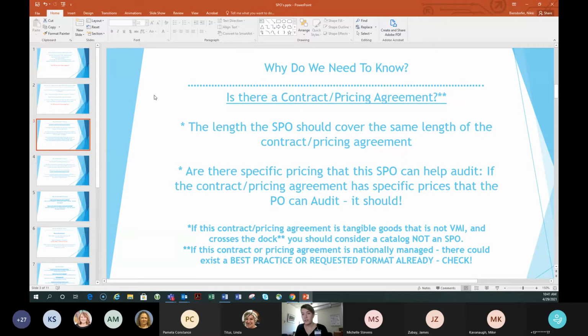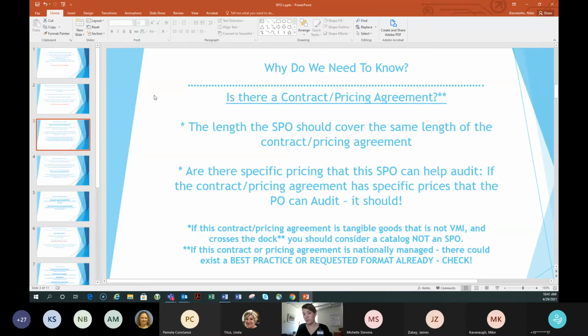So if your contract is 3 years long, your SPO should be for 3 years. Okay. The only time you will be entering an SPO that is calendar year specific is when there is not a contract or pricing agreement. Really important to understand that.